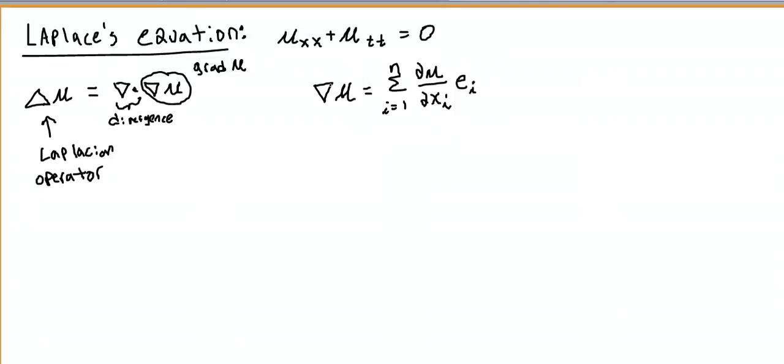You have some function u, you take the gradient of it, and you end up getting the sum of the partial derivative in the x sub i direction.